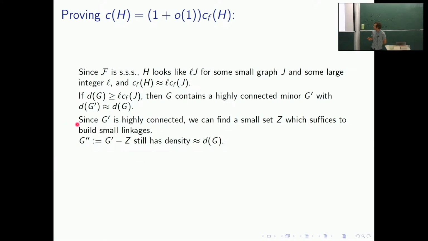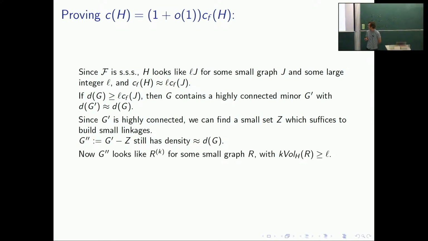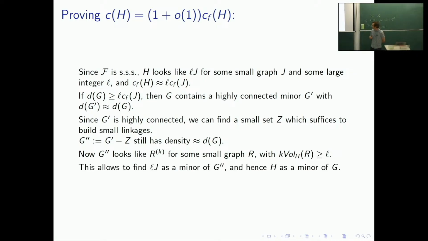And now we set aside some set of vertices Z, and this graph G prime, after we set these vertices aside, still has high density. And as before, G prime will contain L copies of this small graph H as a minor, but now this set Z will allow us to actually find the graph H as a minor.